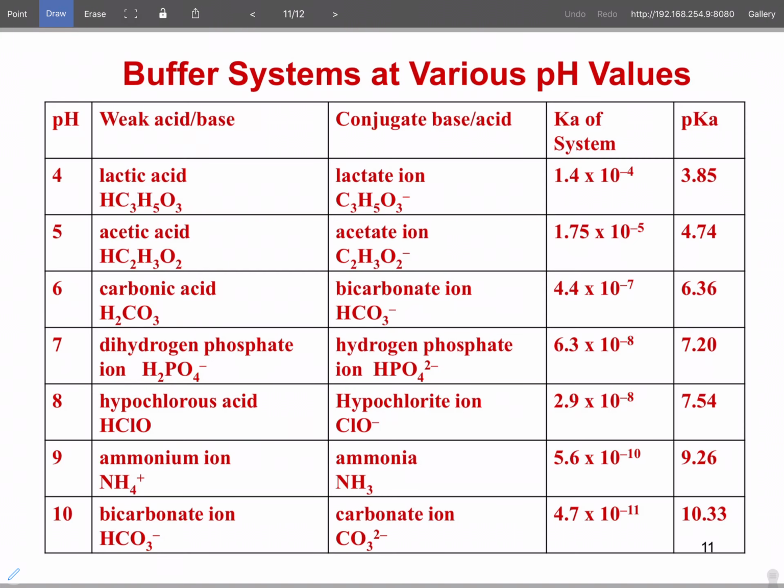Now, here are a variety of buffer systems. And so if for some reason you needed a buffer at about pH of 4, you'd probably want to use lactic acid. But if you needed one about 9, you'd want it down here at ammonium. So you can pick, and the list of buffers possible is tremendous.